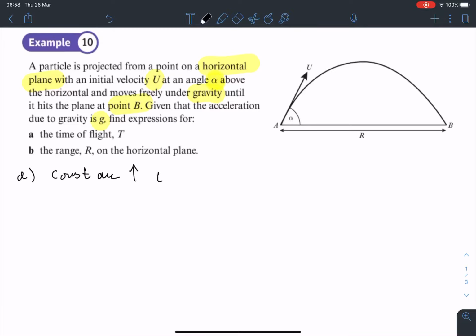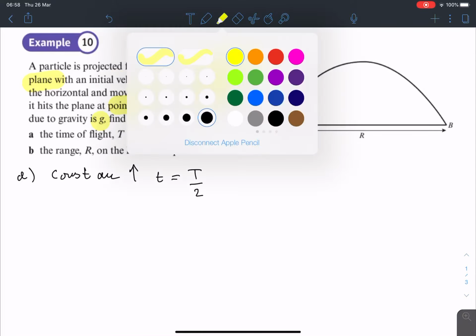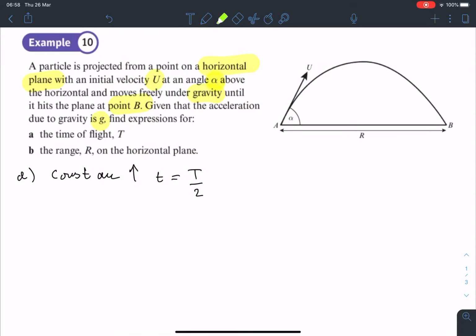We know that the time of flight is equal to T, and the time to the highest point is half the time of flight. So we're going to have T over 2, because T is being defined as the time of flight, and we are only doing the time to the highest point, which is half the time of flight.